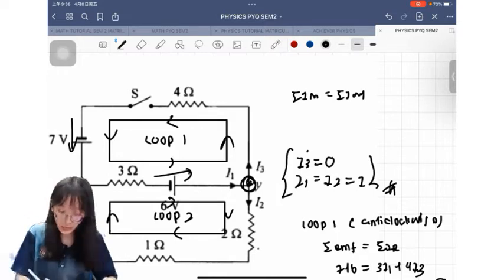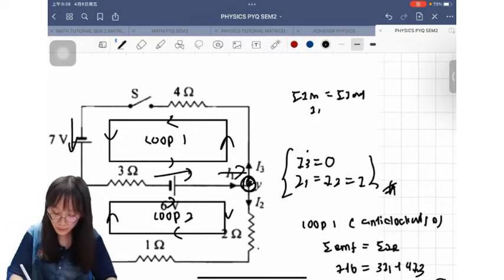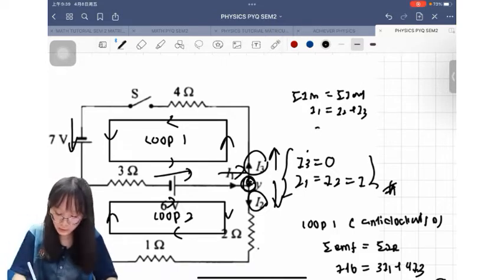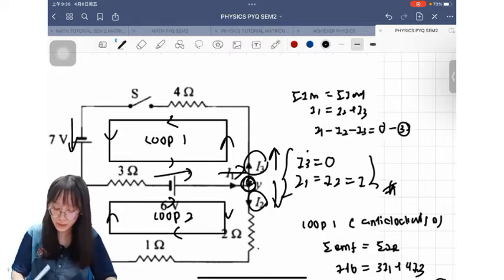I1 goes into the junction, so I1 equals I2 plus I3, because I2 and I3 go out from the junction. So the third equation is I1 minus I2 minus I3 equals 0.